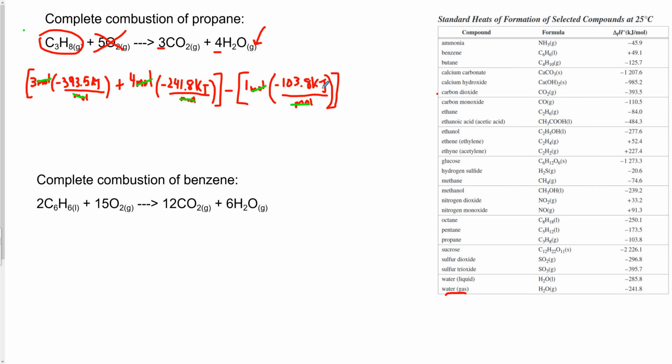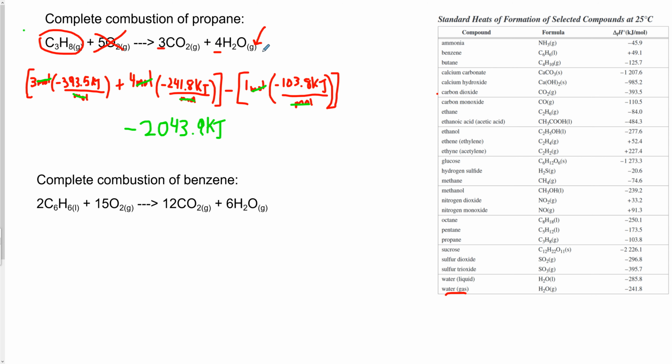So we get minus 2043.9 kJ. So this is for this reaction, that's the amount of energy that you get.